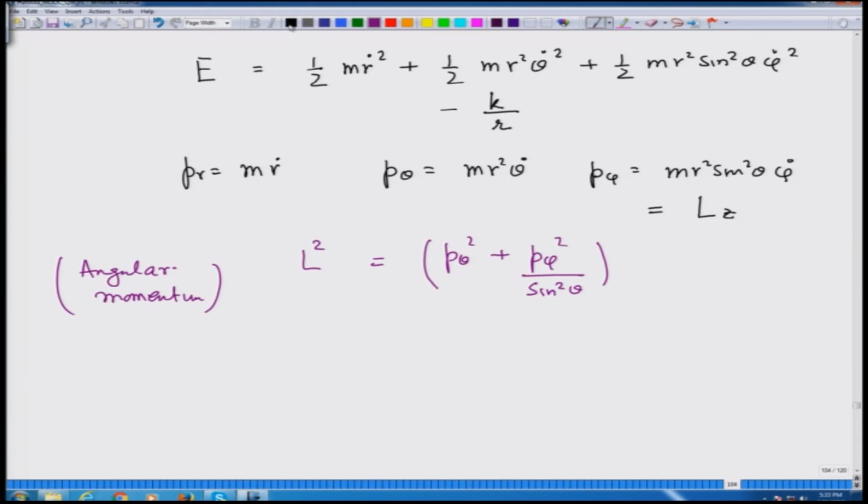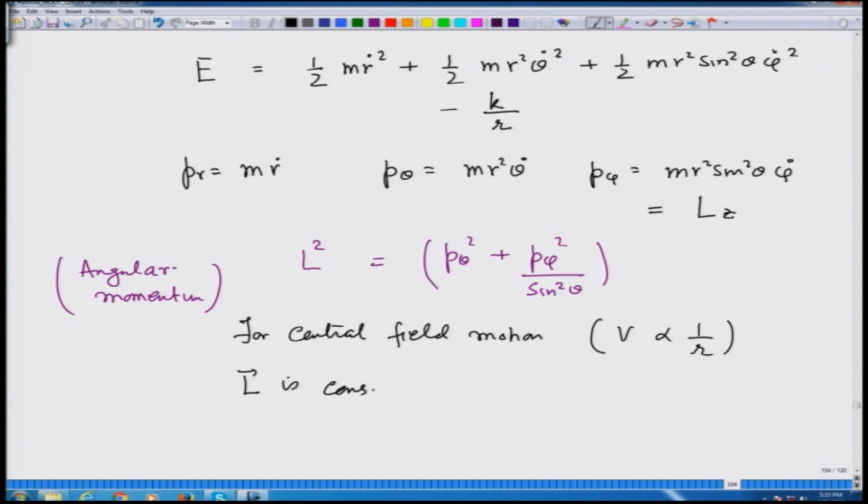Now, for central field motion, meaning when V is of the form 1 over r, the force is central, L is conserved, and this means all components of L are conserved.